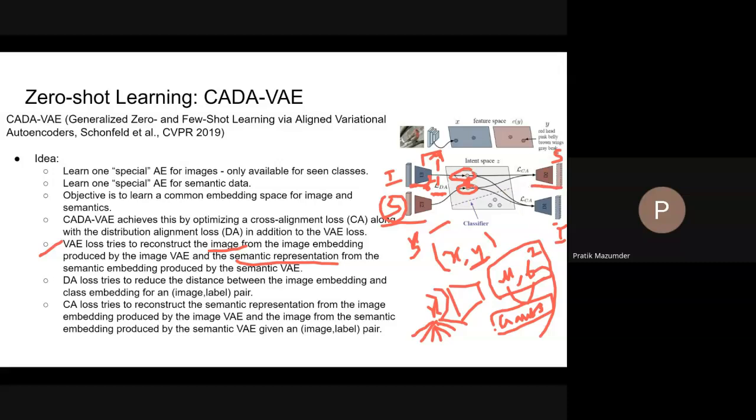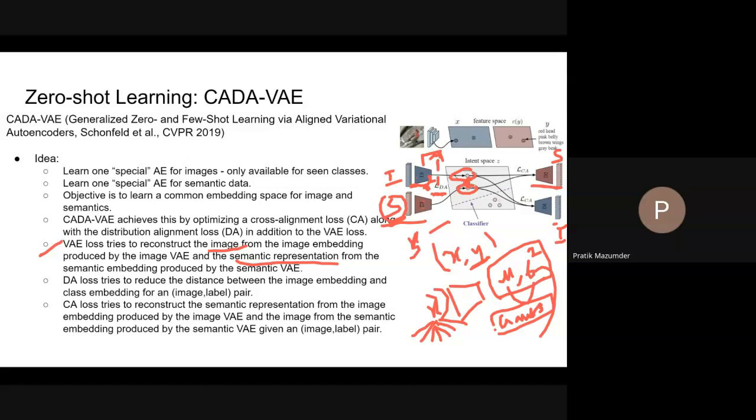And whatever gets extracted from the semantic decoder should match the semantic vector that was initially passed into, say, the other encoder. So it's sort of a cross alignment setup.